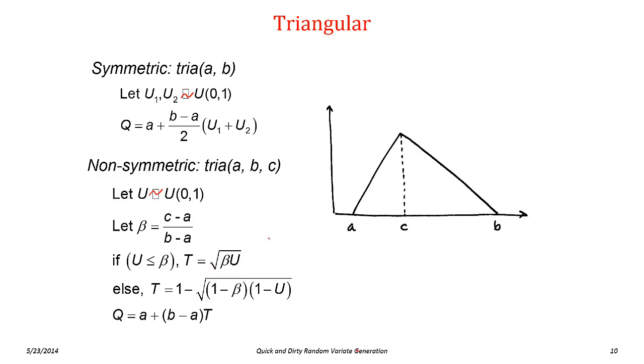Otherwise, if it's greater than beta, then I'm going to compute T using 1 minus the square root of (1 minus beta) times (1 minus my sampled value). And then once I have T, my observed value is simply A plus (B minus A) times T. So two different ways to sample from triangular, depending on whether or not the distribution is symmetric.